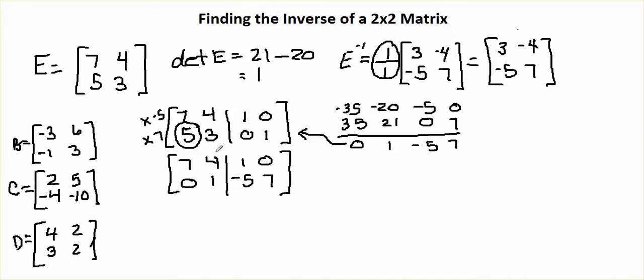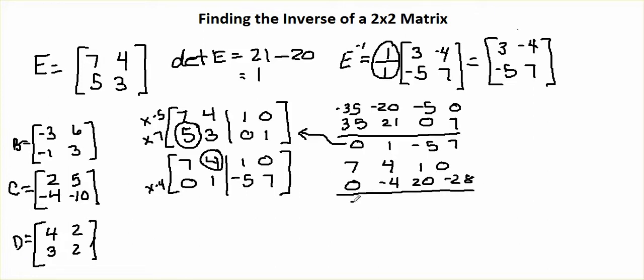The next location we're going to try and get rid of is this number right here. And it looks like it should be fairly easy. We're going to multiply our bottom row by a negative 4. So let's do the math over here. When we do that, we get a negative 4, a positive 20, and a negative 28. And when we add, we get a 7, a 0, 21, and a negative 28.